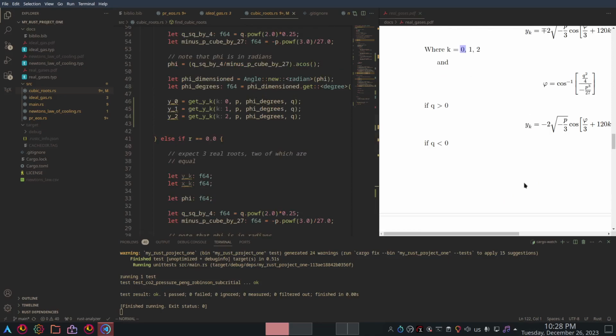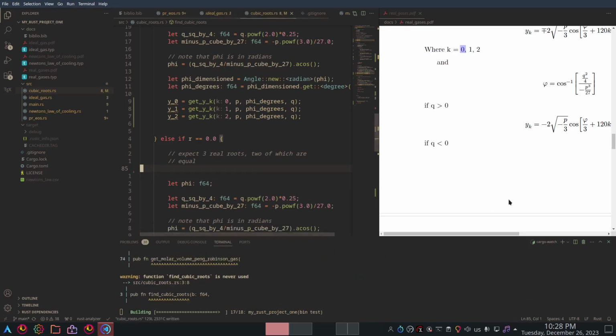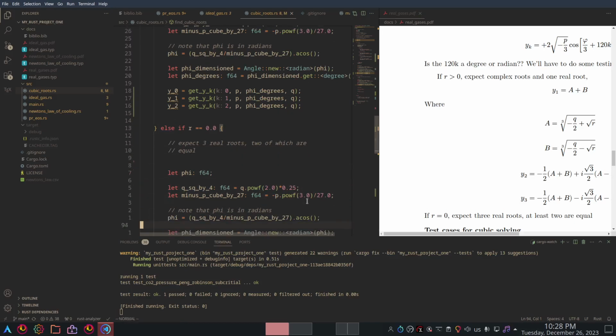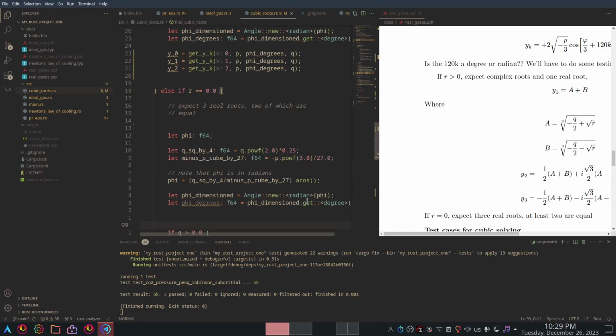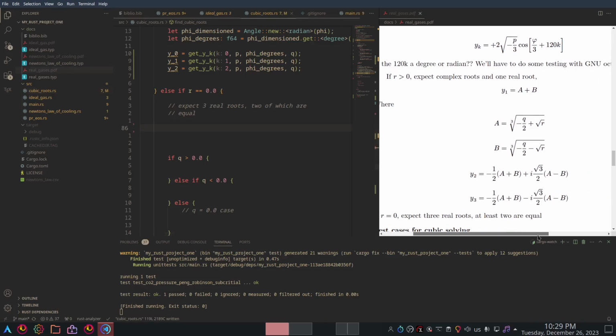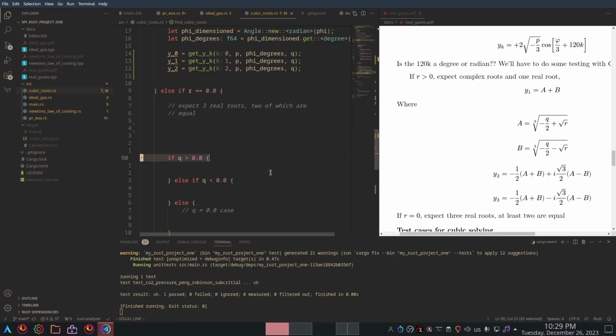Now let's go to r equals to 0. So I'm going to get rid of this xk and yk first. Let me do a calculation of a and b. Yeah, we don't need phi in this case anymore, so I'm just going to delete a lot of this. And then we honestly don't even bother about q anymore, so let's delete the q.